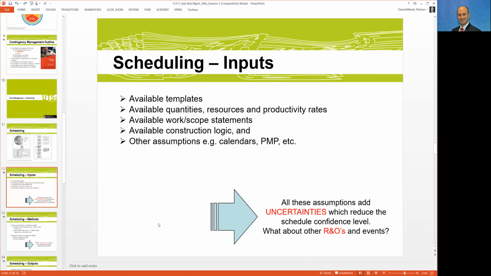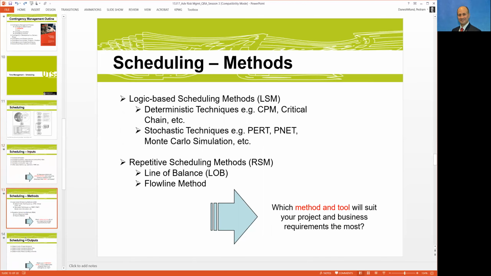And eventually the question is, with all those assumptions and uncertainties, what's the confidence level associated with the schedule? How do you do that? So these are the inputs, and there are some variables for each of those inputs.